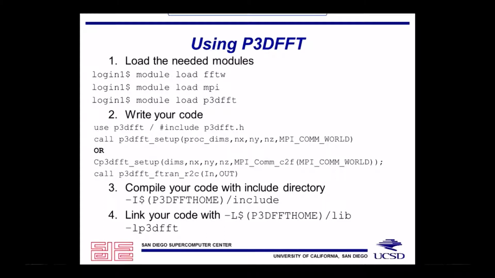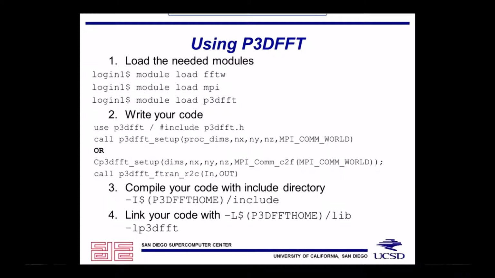So here's how one would use P3DFFT. It's pretty straightforward. You first need to load the needed modules, which are FFTW and MPI, and then you load the P3DFFT module. Then write your code, making sure to include the necessary files, p3dfft.h in C, for example, and then call p3dfft_setup to get started.